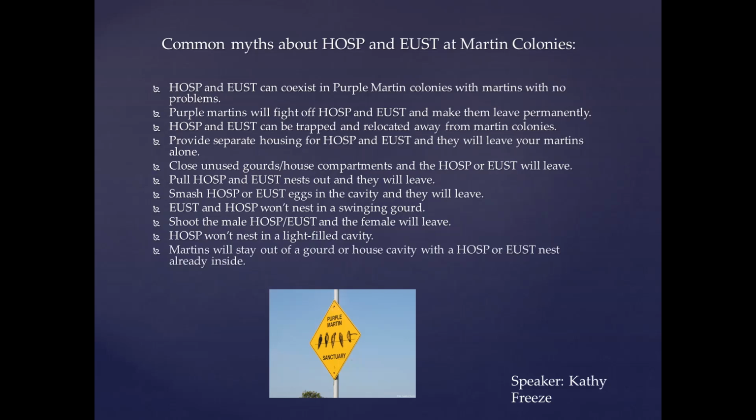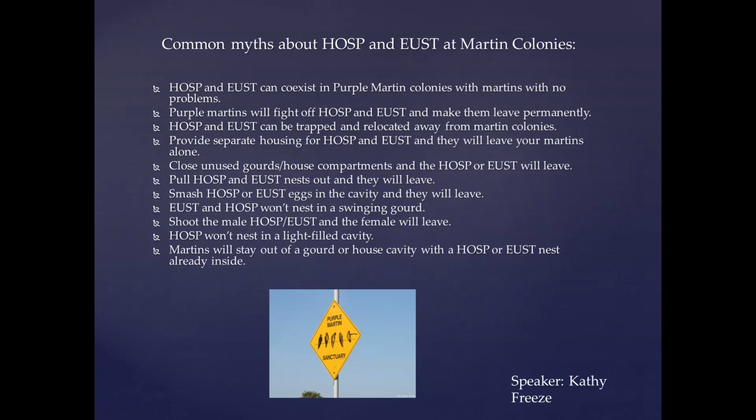Martins will stay out of a gourd or house cavity with a house sparrow or European starling nest already inside. No, ma'am. They will go in there and try to claim a nest, because purple martins also are territorial. All birds that are in breeding mode are seeking a nest cavity.